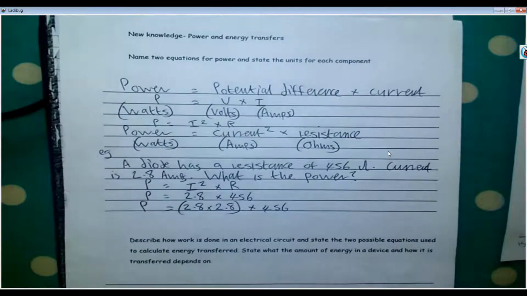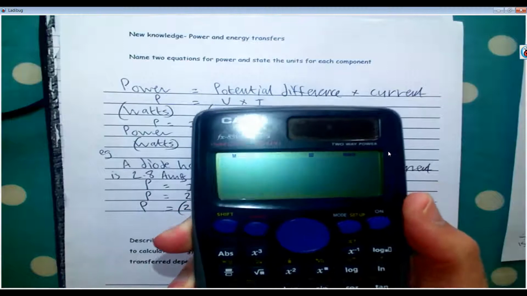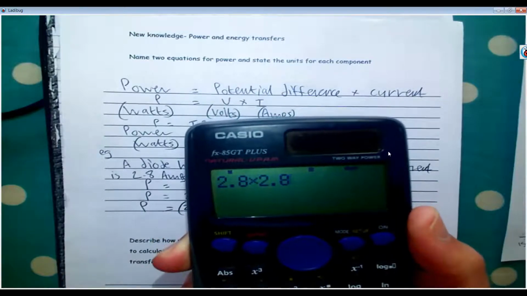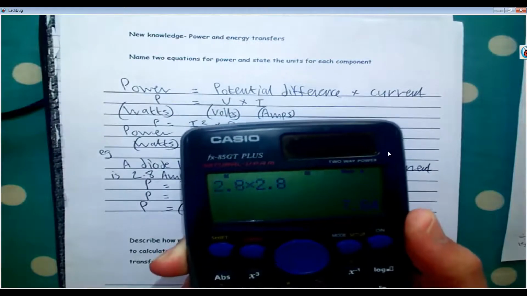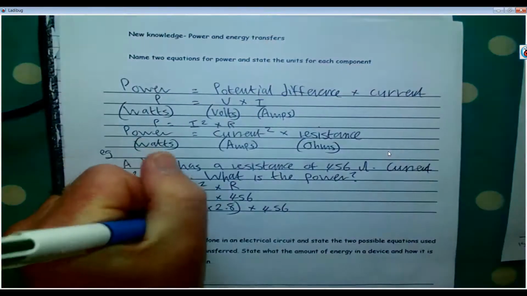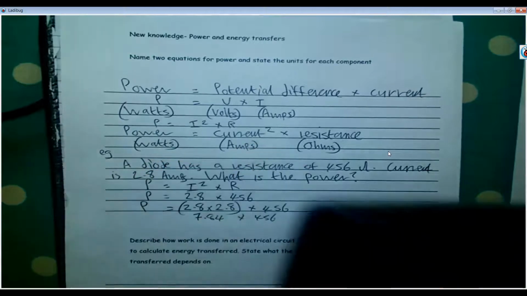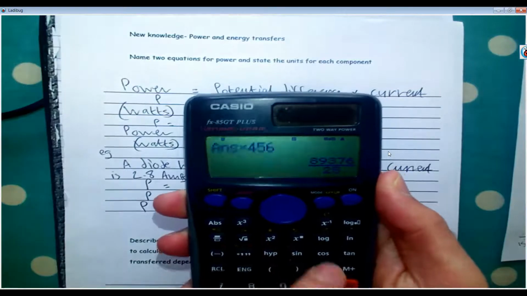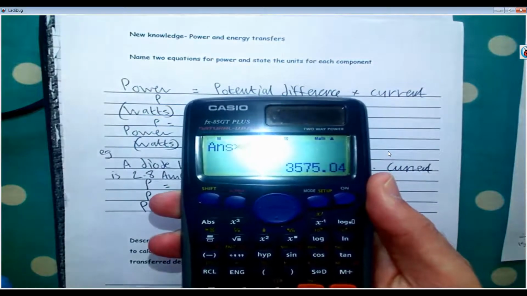So if we get our trusty calculator, as always, use a calculator. 2.8 times 2.8 equals 7.84. So 7.84 times 456 gives us an answer of 3575 if we round it up.